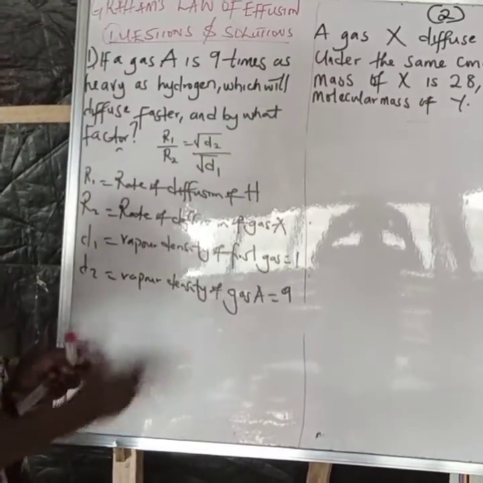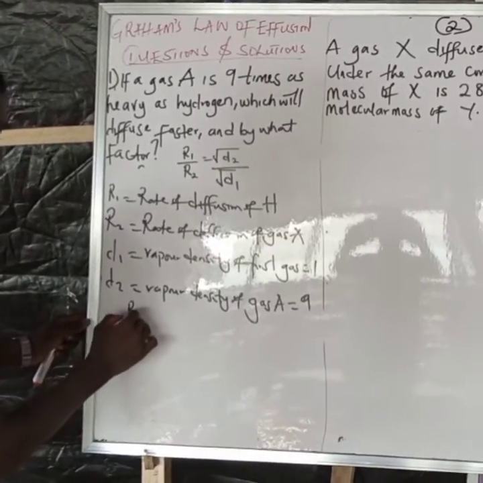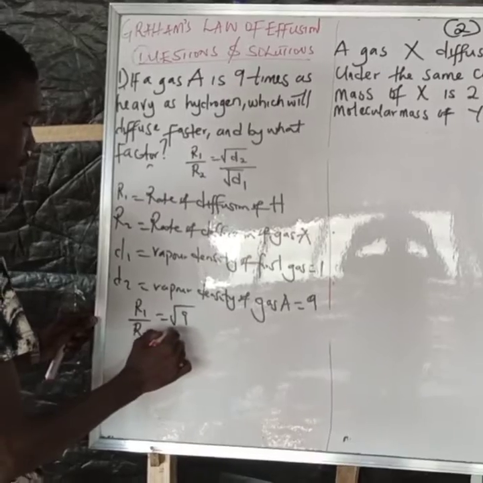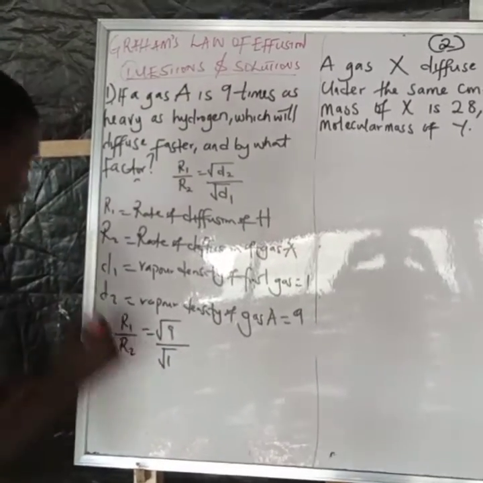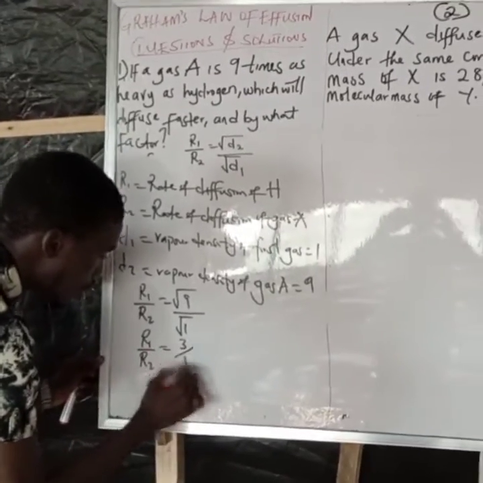So with all these parameters, let's use our formula to continue. We have R1 over R2 is equal to the square root of 9 over the square root of 1. So what is the square root of 9? We have R1 over R2 is equal to 3 over 1.